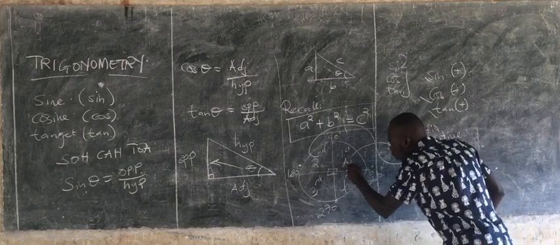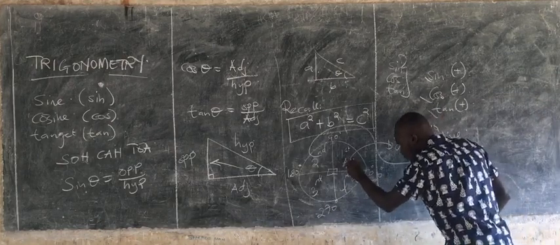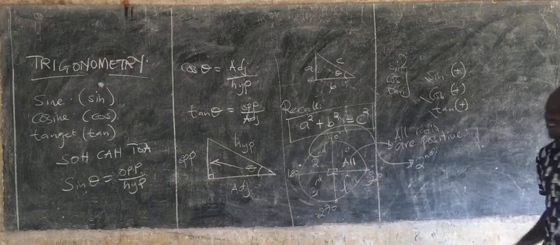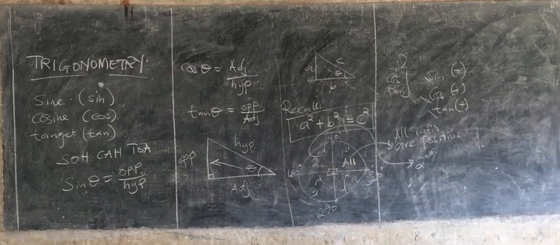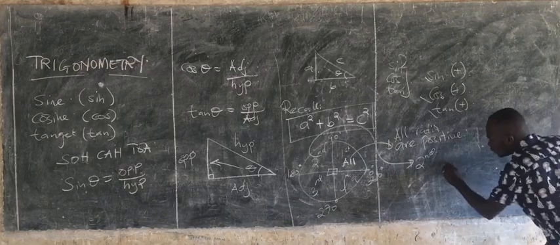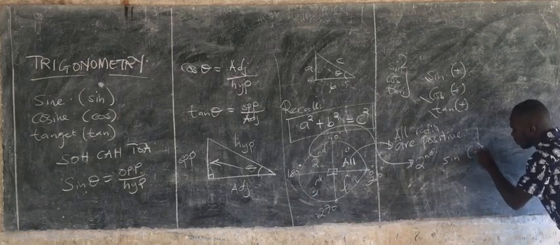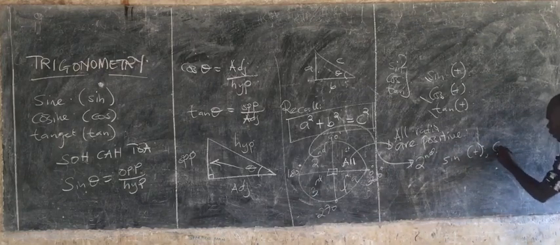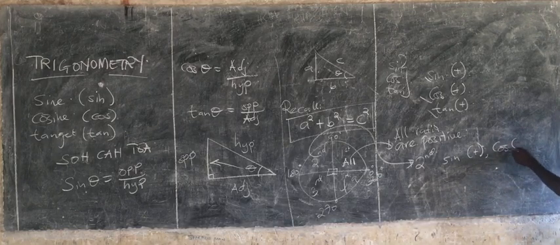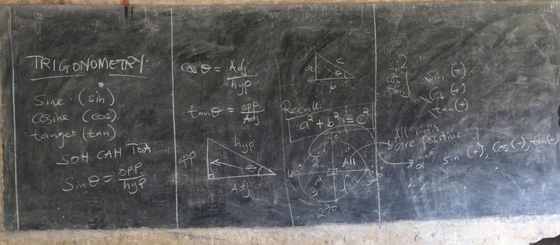Here we've seen that in the second quadrant, the sine is positive. The cosine is negative, and the tangent is also negative. I've said in our second quadrant, the sine is positive, cosine is negative, and the tangent is negative.